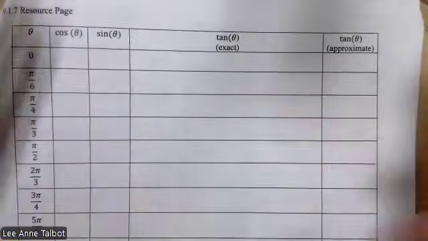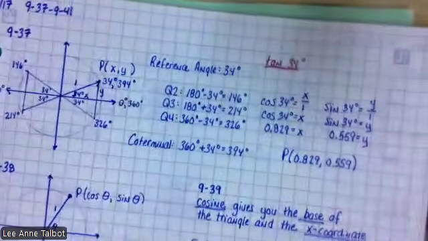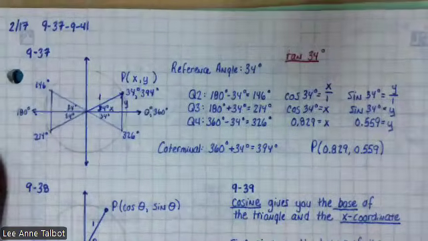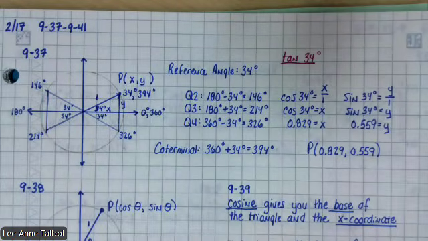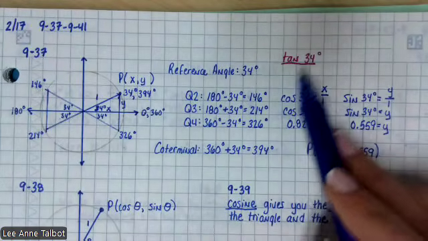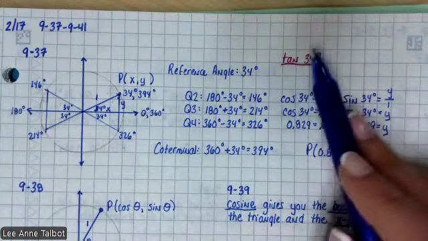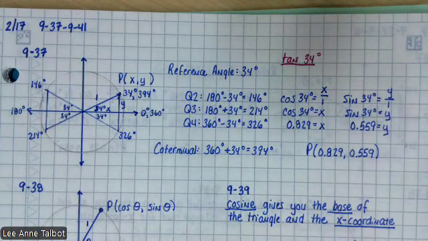Okay, but we're not going to start with the resource page. We're actually going to go back to number 37 in the notebook, which looks like this. And if you have some space up at the top, hopefully you've got a little bit of space up there. We're going to look at tangent.